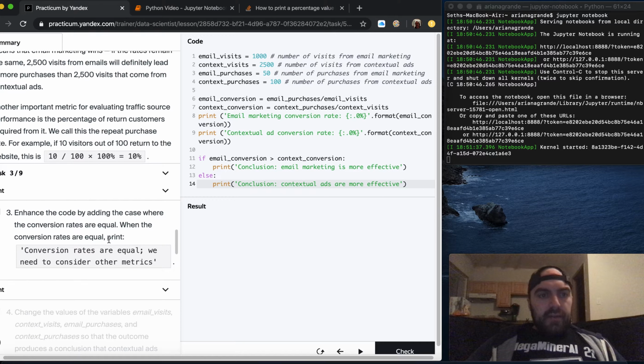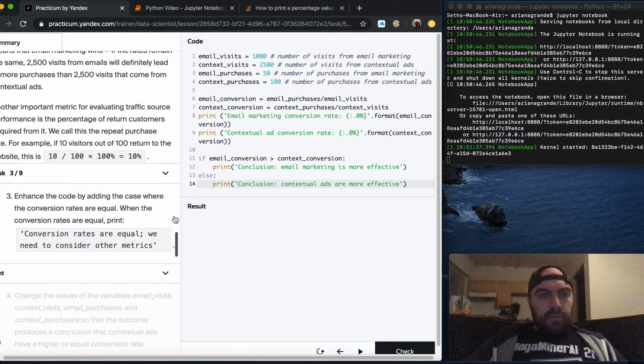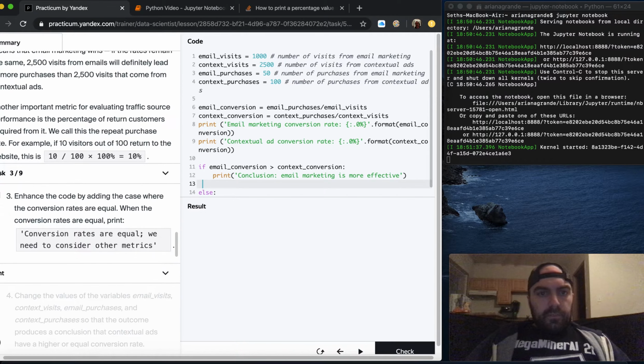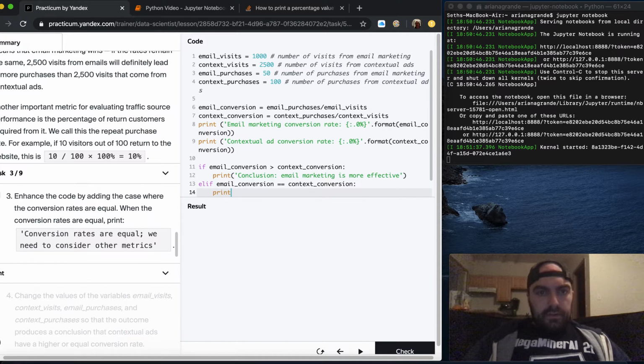Enhance the code by adding the case where the conversion rates are equal. When the conversion rates are equal, print. So here we can add an else if statement. So we can do elif email conversion equals context conversion. Oh. Print conclusion. Oh.